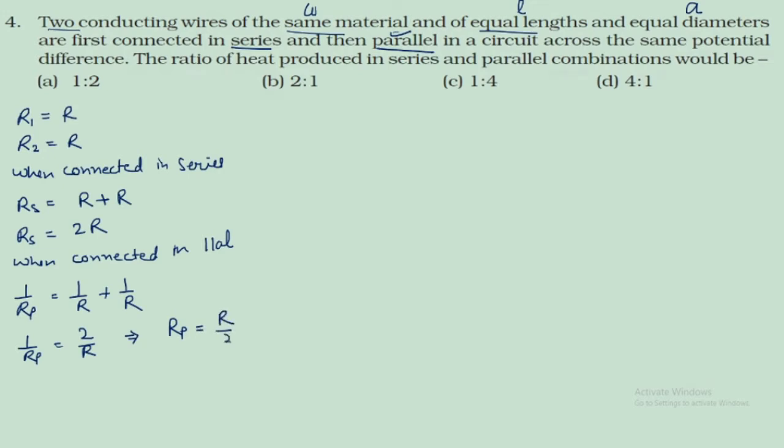Now connected in parallel, so in parallel case we get 1 by Rp equals to 1 over R plus 1 over R. So 1 over Rp becomes equals to 2 upon R. It means Rp becomes equals to R upon 2.